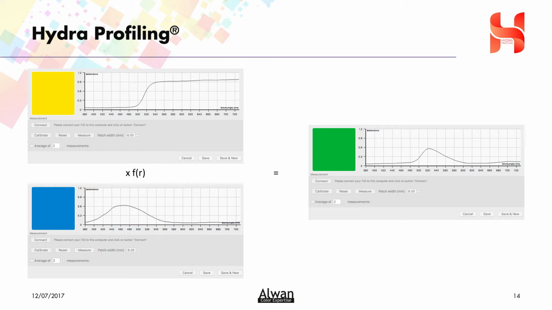This function can be process dependent in order to give a very accurate prediction of what the green patch color would be had it been printed. So Hydra profiling is about spectral prediction, about managing spectral information by using the physical characteristic of your ink and paper, more generally colorant and substrate, rather than by finding the closest color in an interpolation operation.